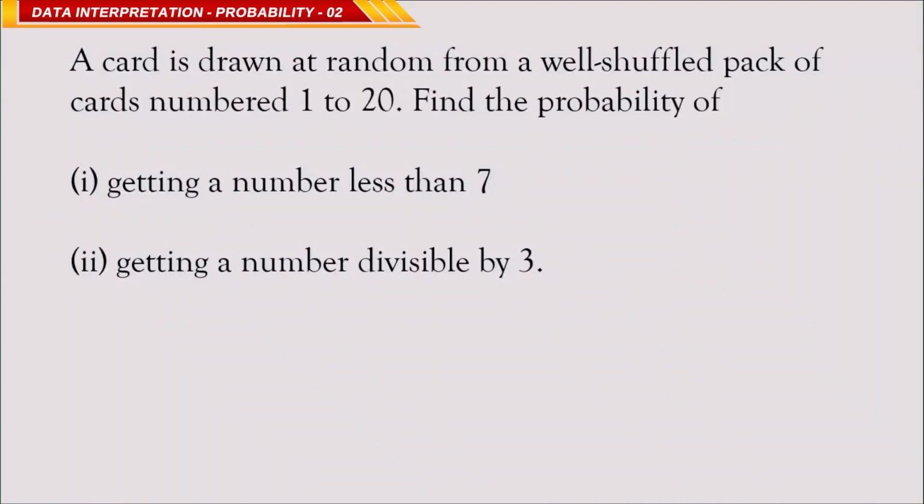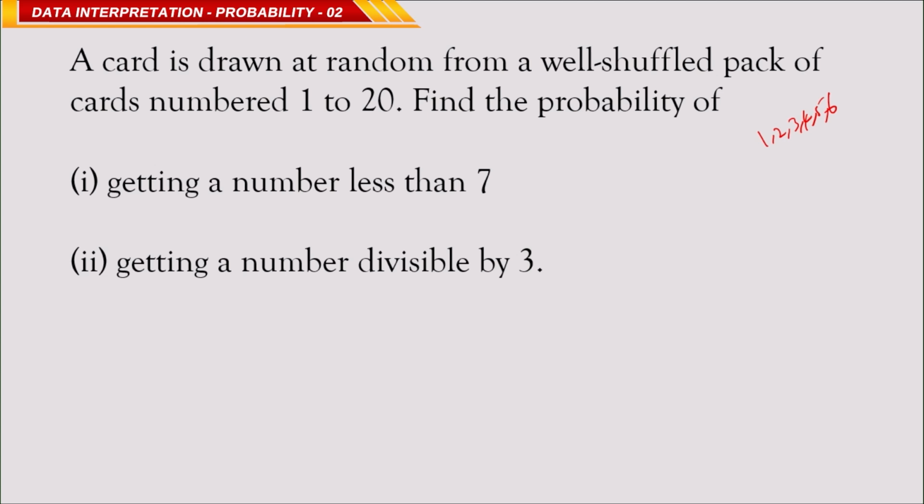A card is drawn at random from a well shuffled pack of cards numbered from 1 to 20. Find the probability of getting a number less than 7. So, what is the probability of this event? First, favorable outcomes. Getting a number less than 7 means 1, 2, 3, 4, 5, 6. This is the favorable outcome.